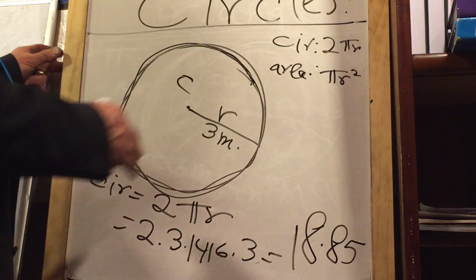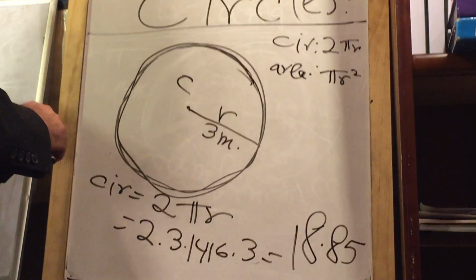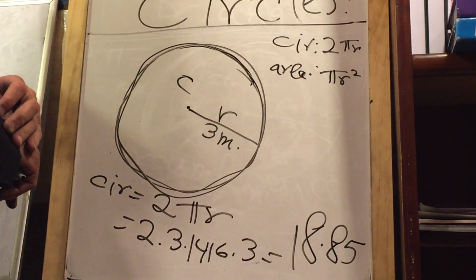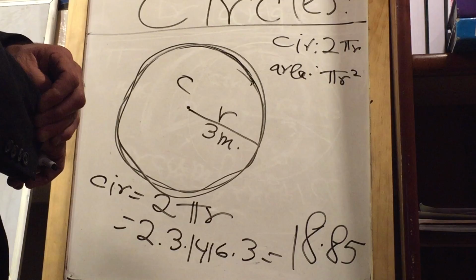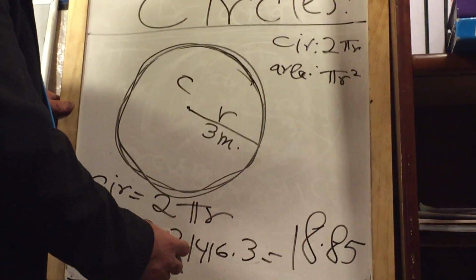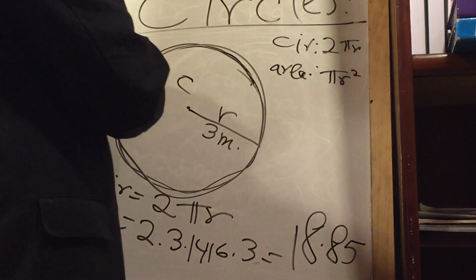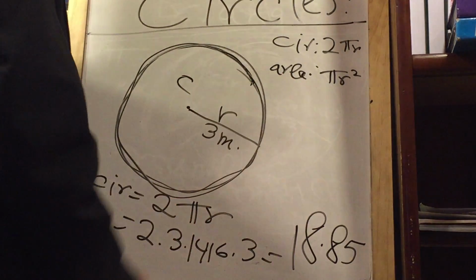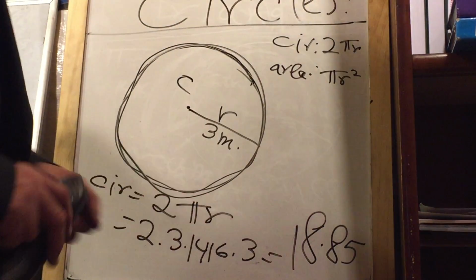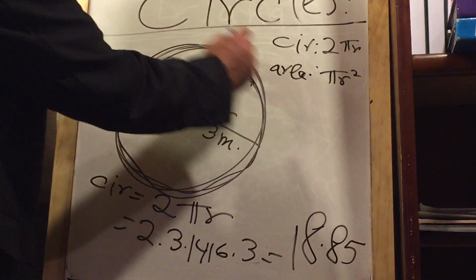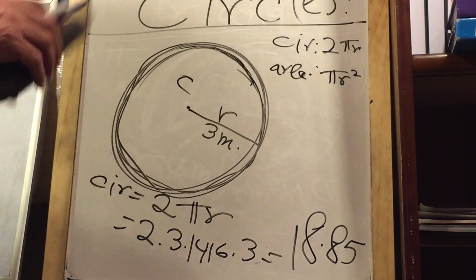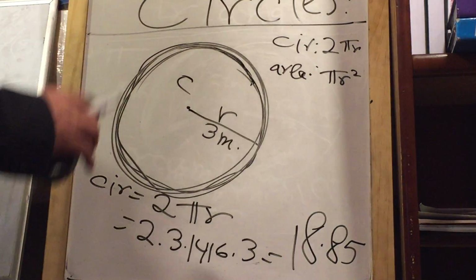And that is the circumference of a circle of radius 3 meters. So 2 pi r, you just plug it in. Pi, always 3.1416, times 3. And the whole thing is 18.85. It can be meters, inches, kilometers, and so on.